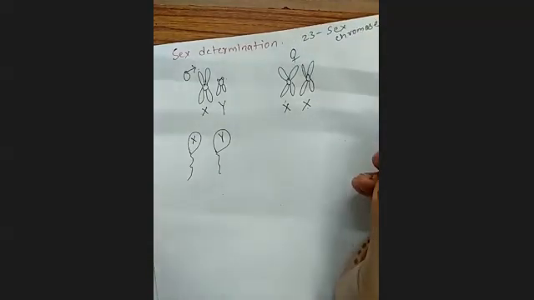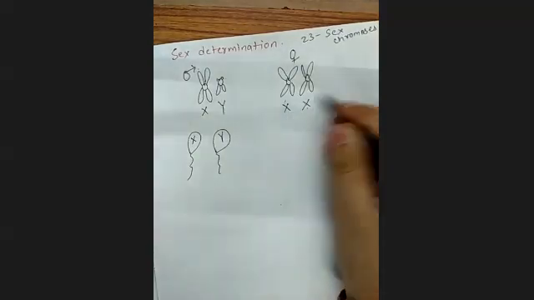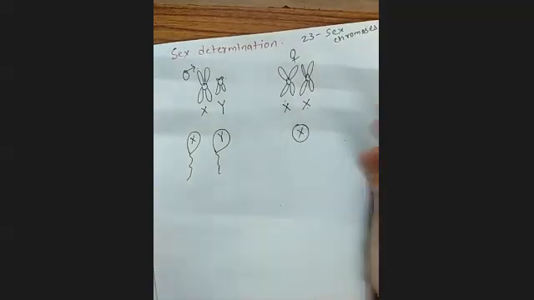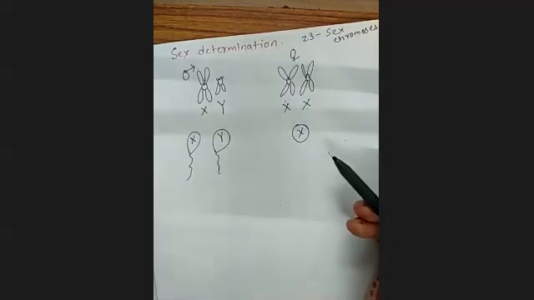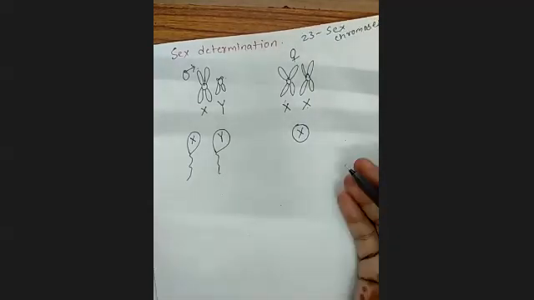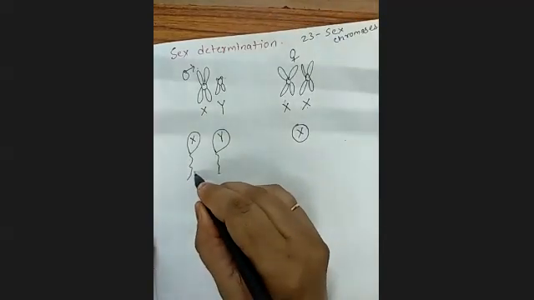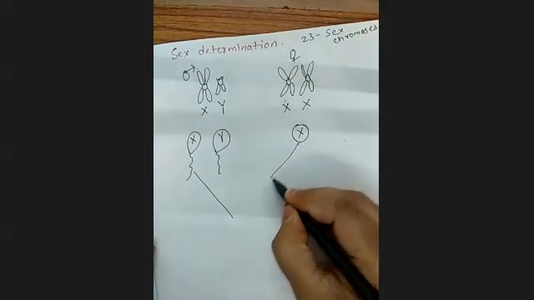Whatever the number of eggs produced by the female in the ovary, all the eggs will receive only X. No option is there. Is it clear to you? Yes. Okay, now whenever fertilization occurs, whenever the fusion occurs, there may be the possibility that an X chromosome sperm is going to fuse with this type of egg.